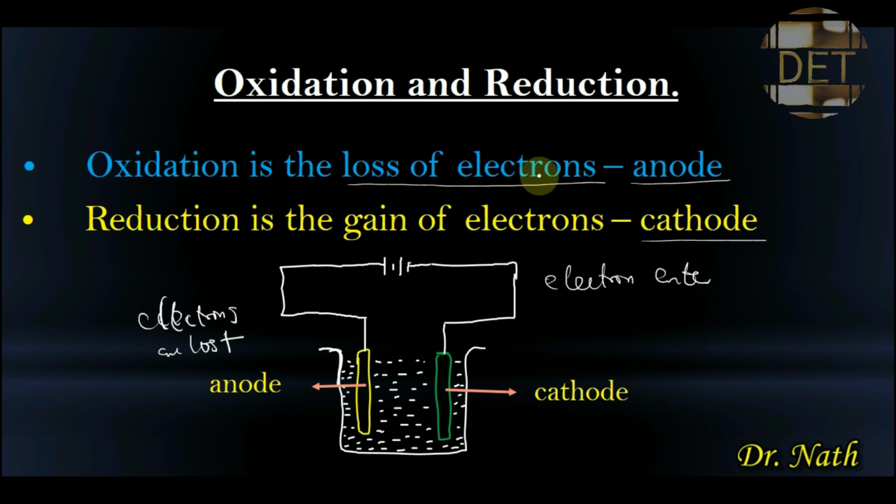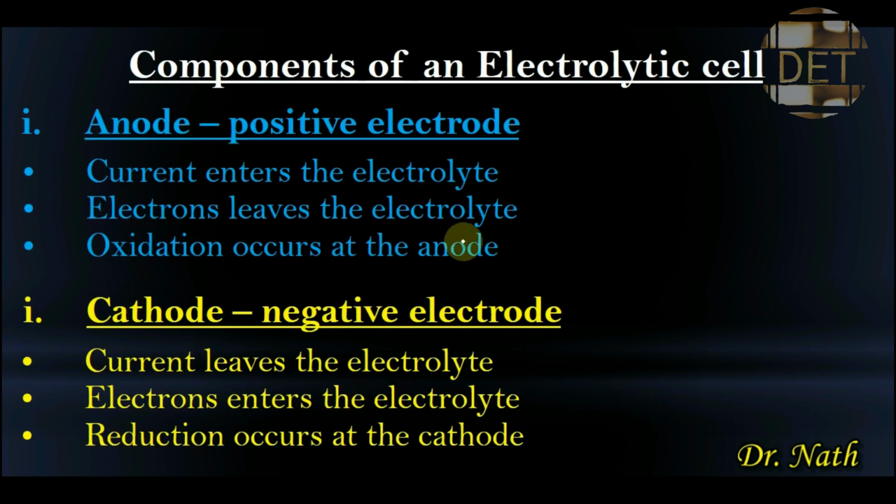Oxidation occurs at the anode because of loss of electrons, while reduction occurs at the cathode because there is gain of electrons. So the anode is the positive electrode. Current enters the electrolyte through the anode, and it is through the anode that electrons leave the electrolyte, and oxidation occurs at the anode.